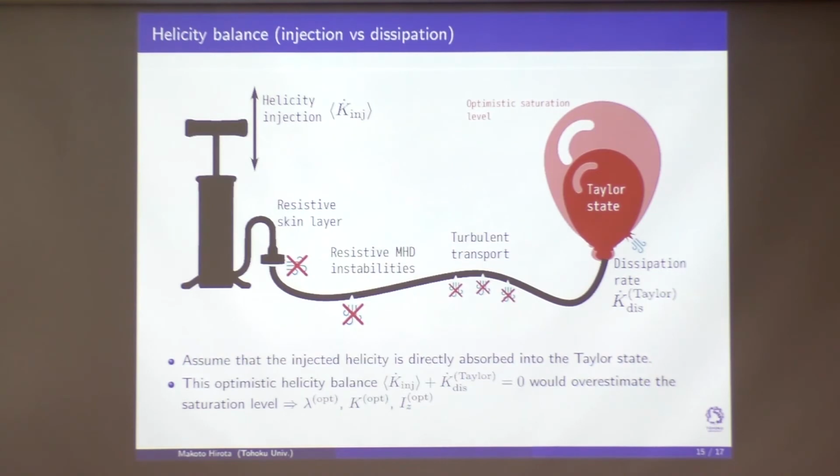As the simplest helicity balance, I simply neglected this unknown helicity dissipation rate and just considered the balance of the given injection rate and the dissipation rate of Taylor relaxation. And this simplified helicity balance gives rather large magnitude of saturation level like this. But I think this is theoretically the first step to predict how much Taylor state is generated.